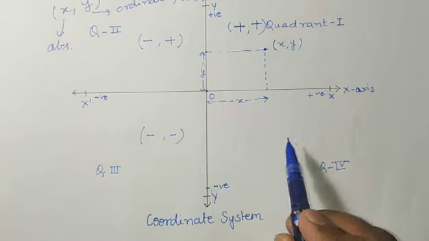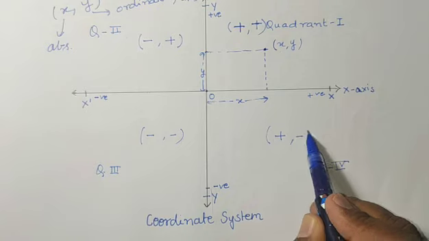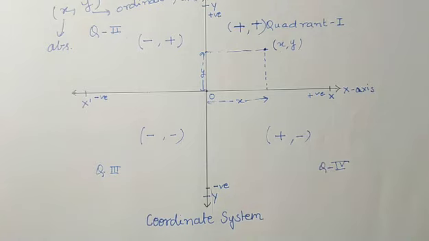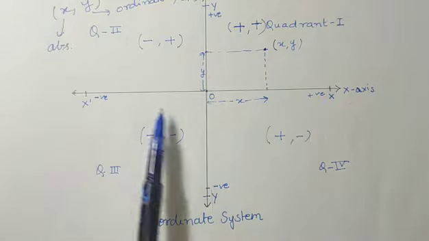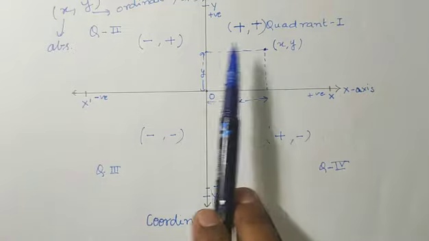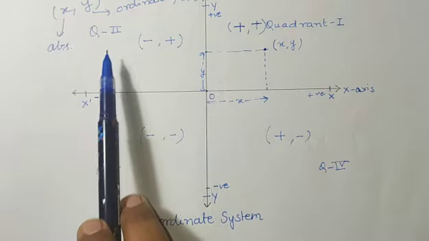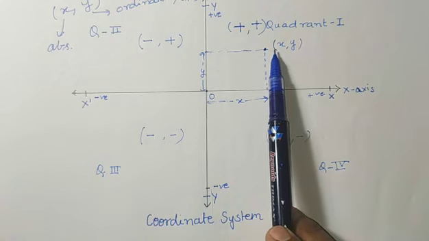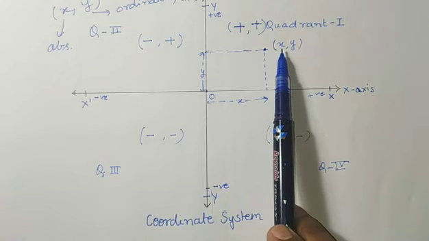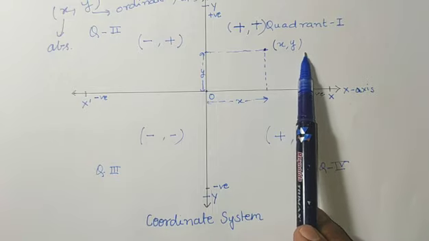And in quadrant fourth, abscissa will be positive but ordinate will be negative. So what we have studied: this is the x-axis, this is the y-axis, and because of these two axes the plane is divided into 4 parts called quadrant first, second, third and fourth. We represent any point as x comma y, abscissa and ordinate, and this representation is known as coordinate.